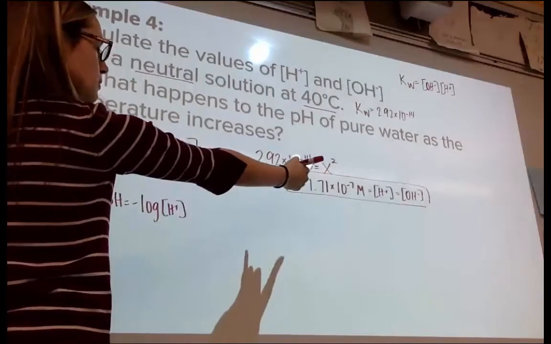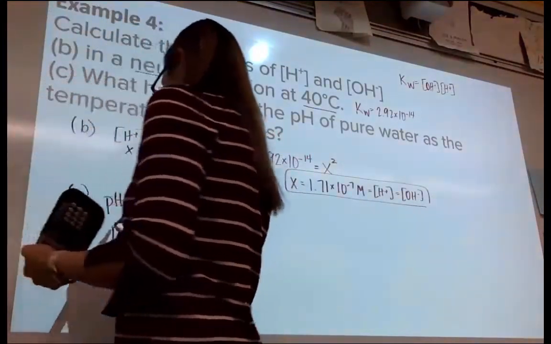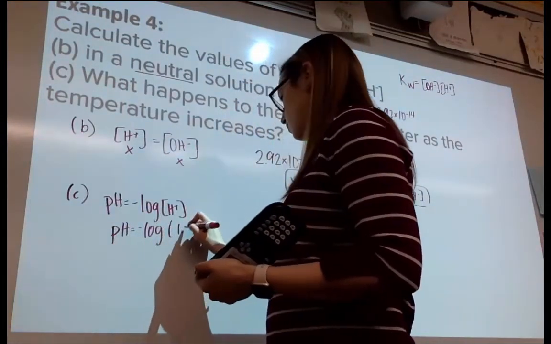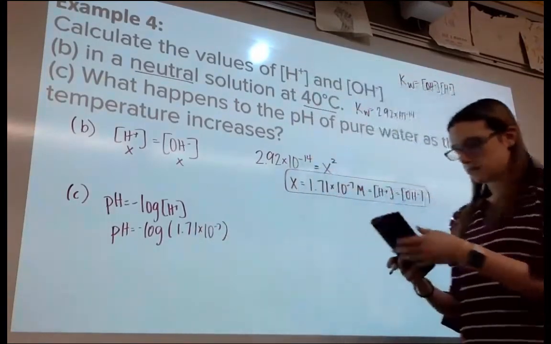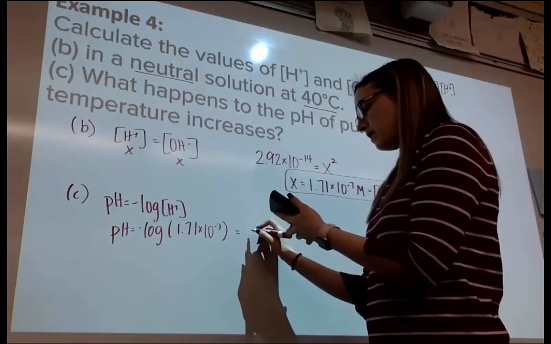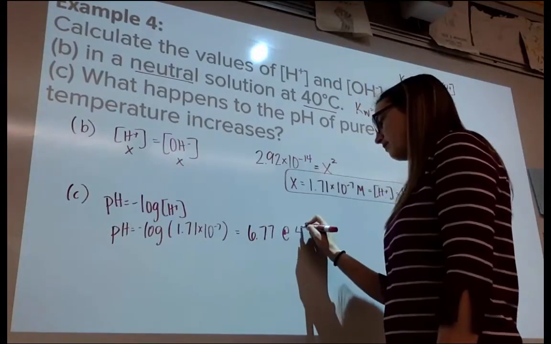What we could do is actually just plug this in. Let's plug in at 40 degrees. Let's take the negative log of 1.71 times 10 to the negative 7th. That's 6.77 at 40 degrees.